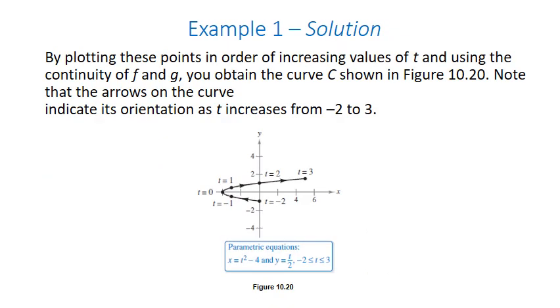Well, by plotting these points in order from increasing values of t, we can start by saying t equals -2. When t equals -2, we have this ordered pair. Then when t equals -1, we have this ordered pair, so on and so forth. And so these arrows are drawn in here to show that as t gets bigger, this is the orientation of the curve.